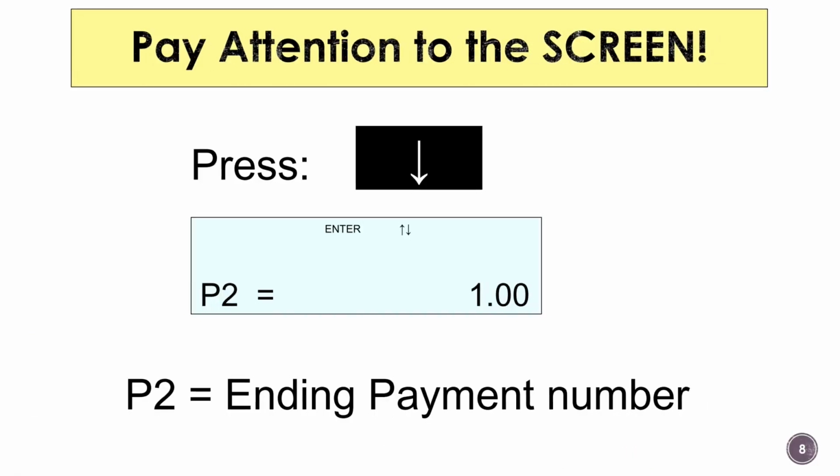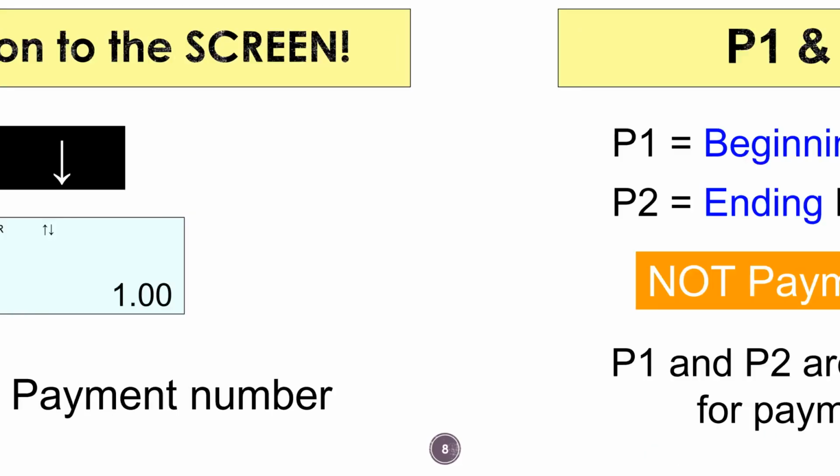And then when you push your arrow down, you will see P2 equals, and it usually says 1 right at this point. And so we can also put any number of the loan payment number in this. It's our ending payment. So the ending payment can't be a number that's before the beginning payment. I think that would make sense. It can be the same number, but it has to either be the same or later than the beginning payment.